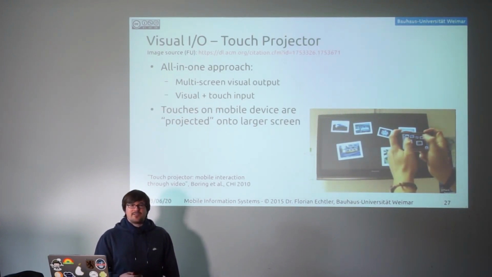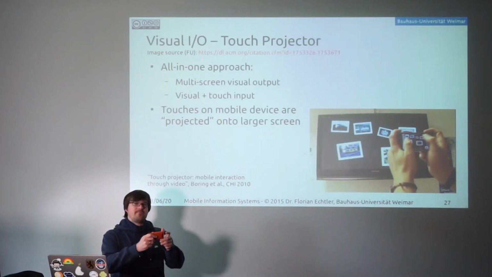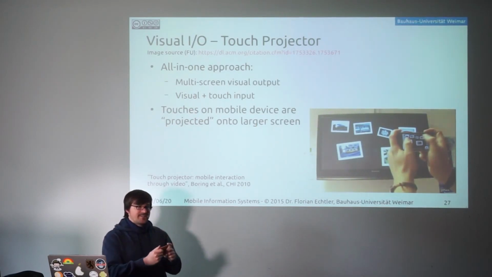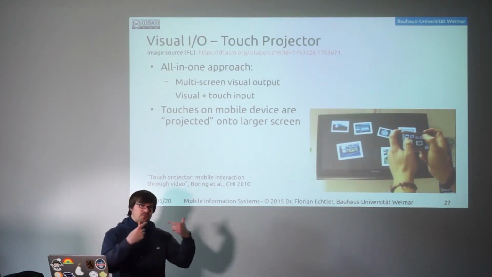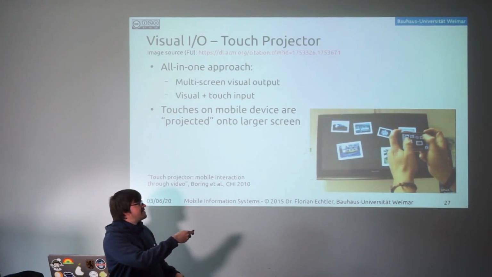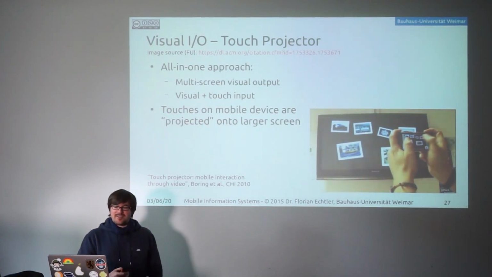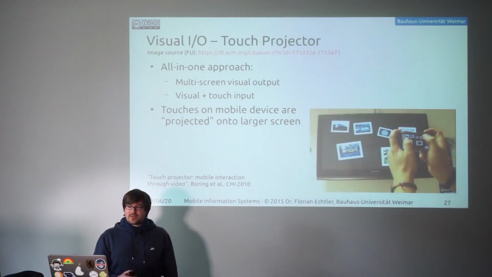So the idea now is that you take your mobile device and hold it up as a kind of see-through window into the world. And then when you touch the camera feed on your mobile device, the touch is projected from your mobile device onto the large screen, and you can interact there. So that's a very nice idea.